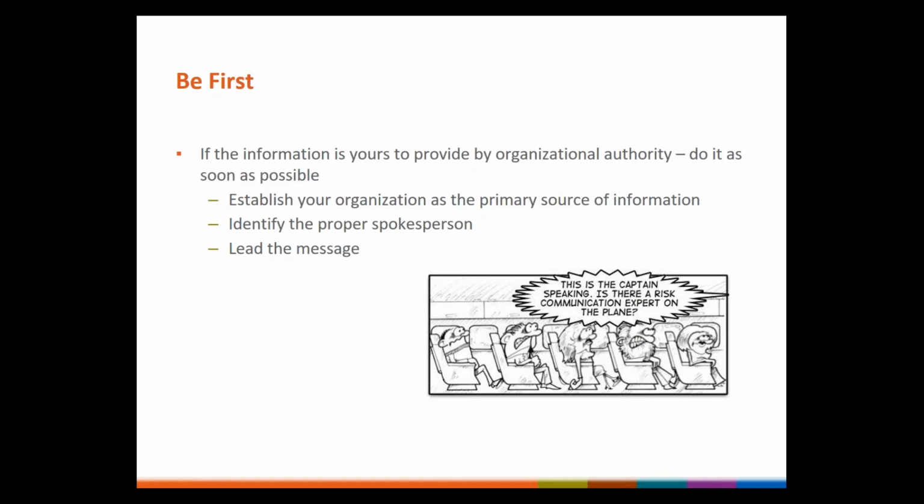So if the information is yours to provide by organizational authority, do it as soon as possible. Establish your organization. And that includes identifying the proper spokesman and preparing that person for that role. And that needs to be done in advance so that in the event of an emergency, they're ready to respond.